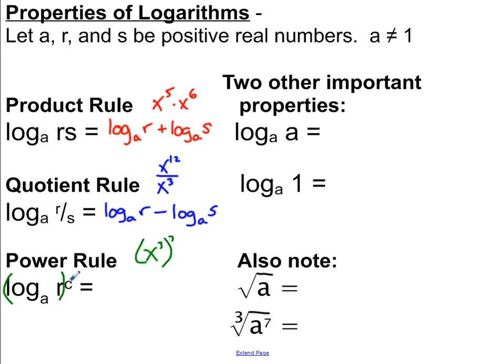And this little c is an exponent because it's written where an exponent would be. So if you have an exponent raised to an exponent, think about what we did. We multiply them. And when we multiply, we can essentially write it in front. So this is the bring it down in front rule. c times the log base a of r. And you can put a little dot there so it doesn't look like clog. All right, we don't need to say clog. c times the log base a of r.